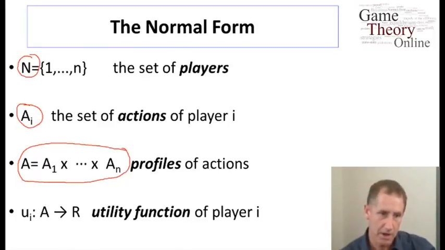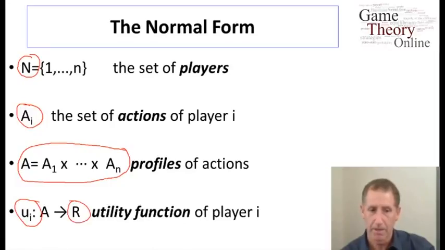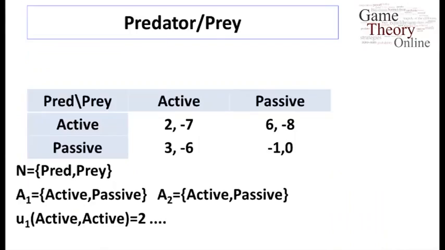The utility of agent i, denoted by u sub i, is a mapping from strategy profiles, that is, from the choice of action by each agent, to the real numbers. So let's look at our predator-prey example, and we already saw that we have two agents, the predator and the prey.